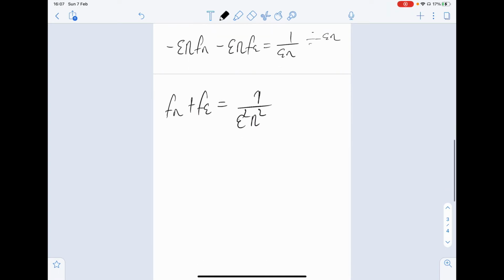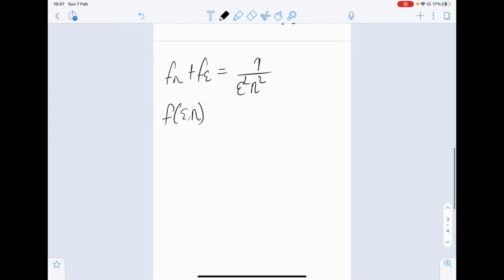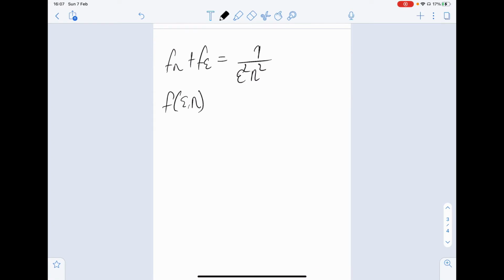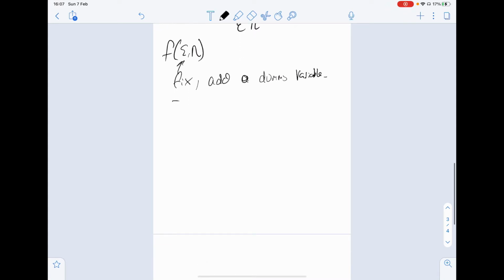Now what we're going to do, we've got a function here of epsilon and eta. However, we're going to add a dummy variable and keep these constant. So we're going to fix these, but we're going to add a dummy variable, and this is going to be in the form of t.